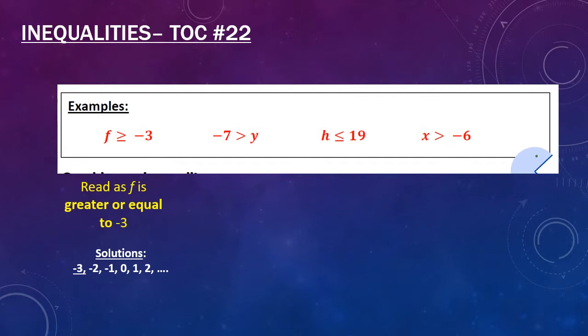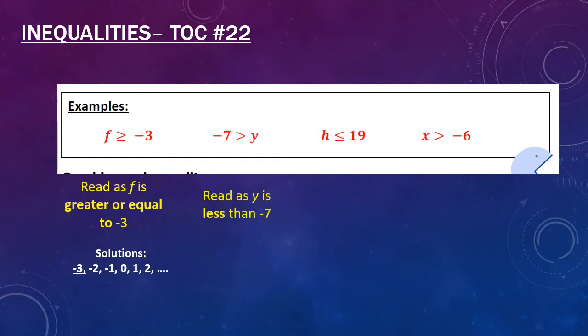So if you look at the second example, now this one's a little bit different because it's backwards. It's saying -7 is greater than y. But if I flip it around and read it from the variable, and you have to be able to do this both ways, you can think about it backwards. It'd be y is less than -7.